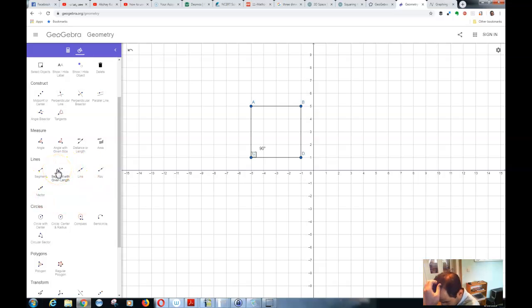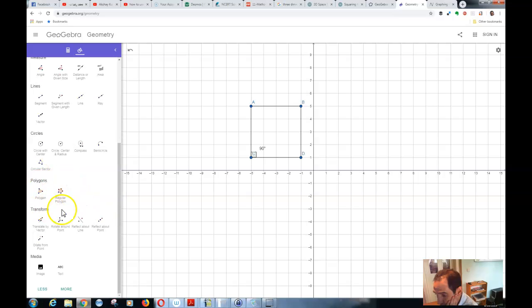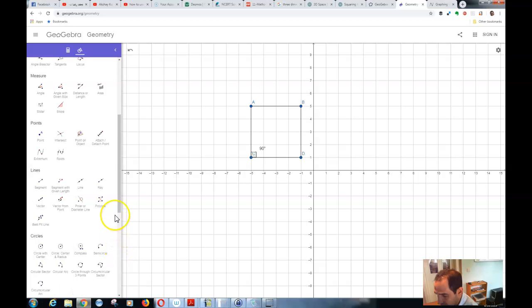And then you have different things related to circles, for example, circle with center and radius, compass, semicircle, circular sector. You have some polygons over here. You can do some sort of transformations, and there is also media, image, and so on and so forth.